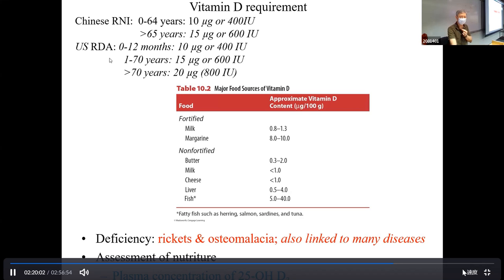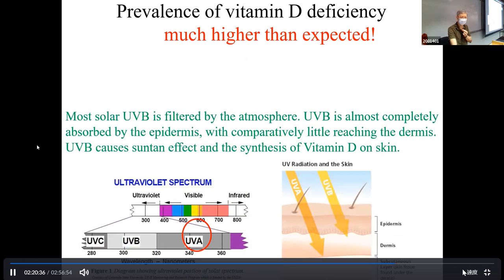You can see that US RDA and Chinese RDA are more or less similar, only that for them, anyone who is above 70, their recommendation is higher. Again, it also depends on the food source, and different countries would have a different degree of vitamin D addition or fortification into milk. So that's one of the aspects that you have to realize.